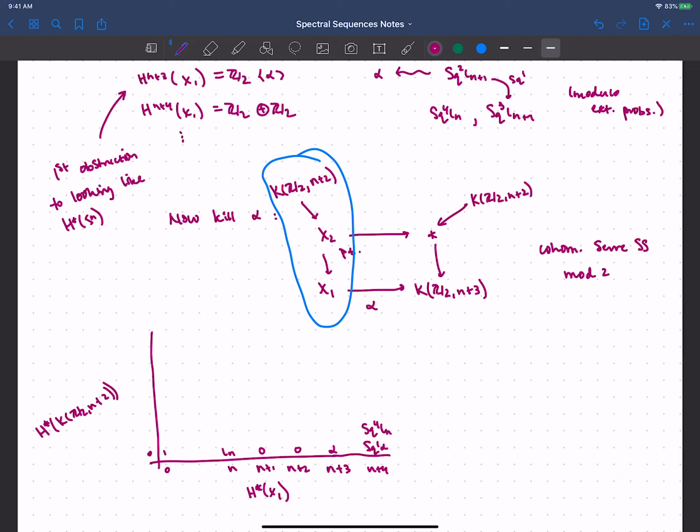So one of them is Sq^1 on alpha, and the other one is Sq^4 iota n. And notice I'm being kind of vague about whether that Sq^1 alpha really is Sq^3 iota n plus 1 coming from that, or if it's the sum of those. I don't really care. But then, over here, in degree n+1, now this is an honest cohomology of an Eilenberg-MacLane space. Whoops, that's not where that goes.